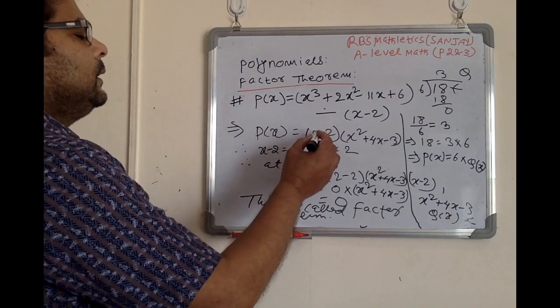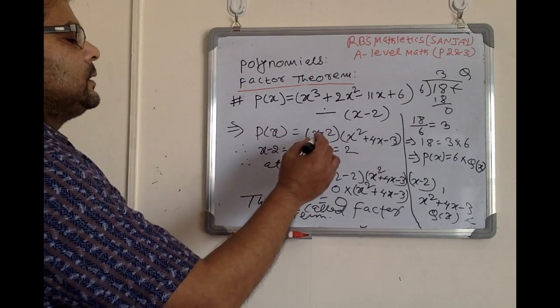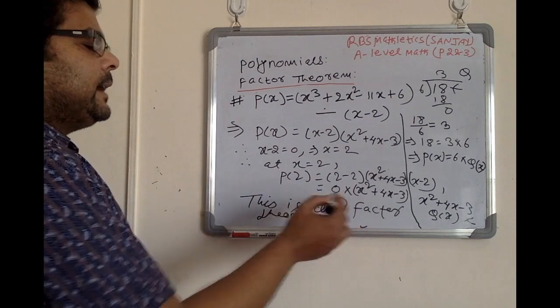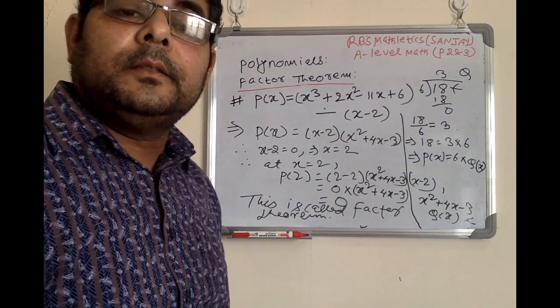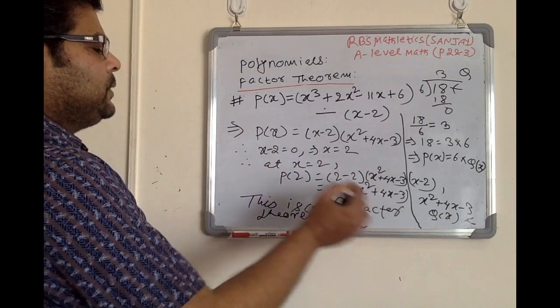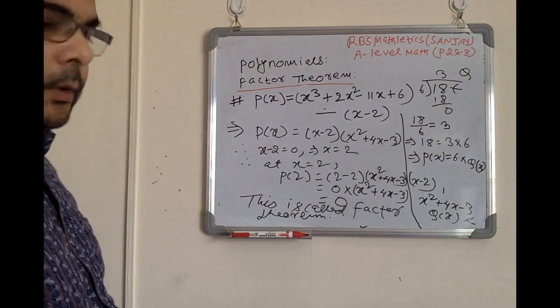When you put the value of x as 2, that will make the whole polynomial 0. We say that the remainder is 0, that is, there is no remainder. This sort of term is called the factor theorem.